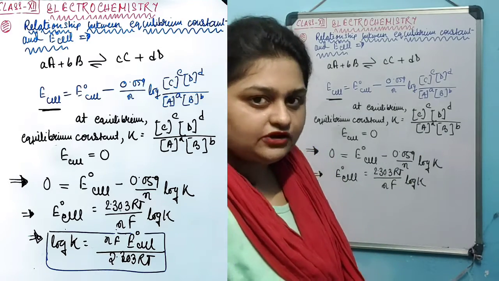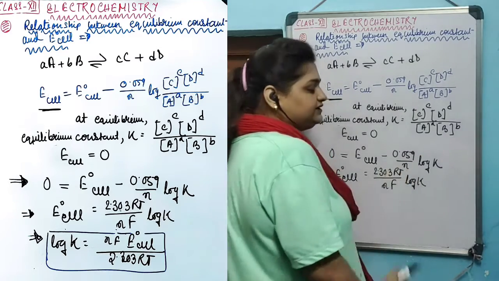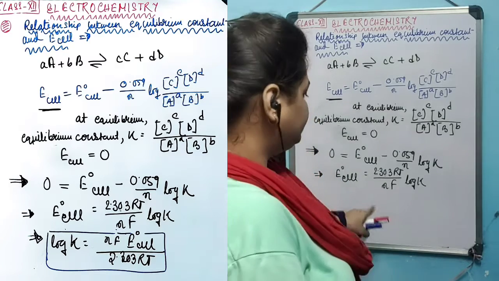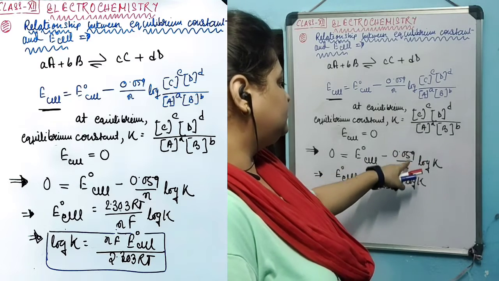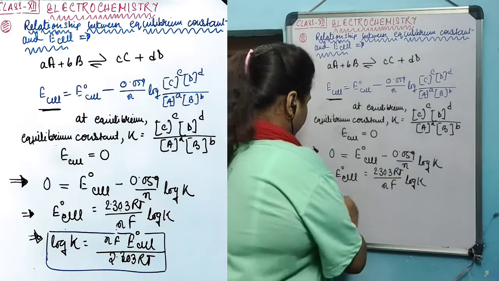I am just deconstructing those values and putting their entire numerical numbers, that is 2.303 RT by F is the value. By calculating this value we were getting it. I am just writing them again.